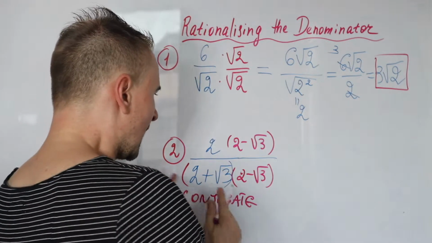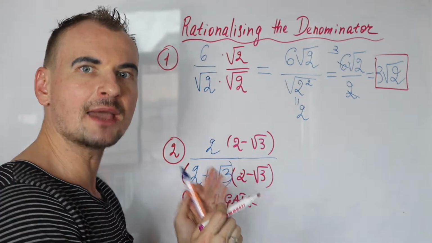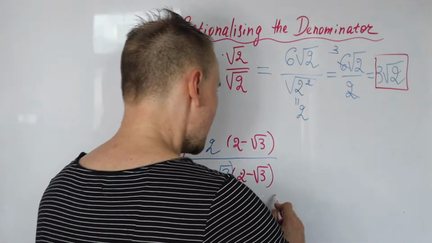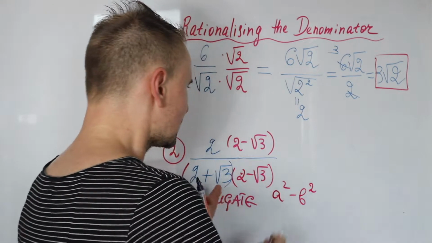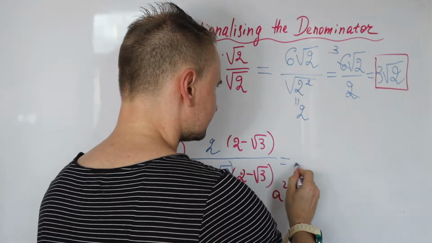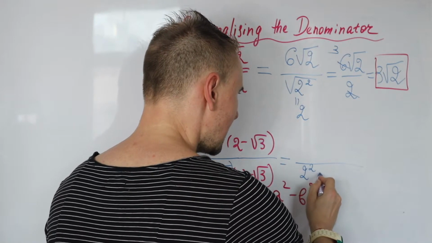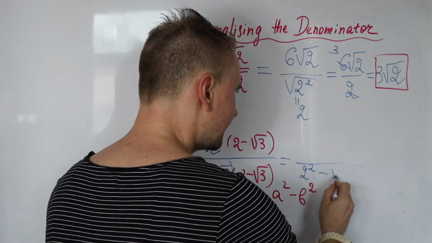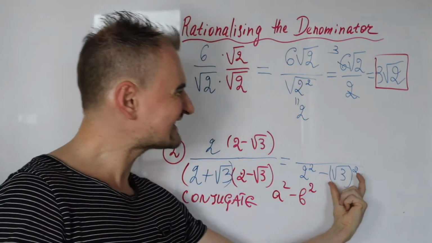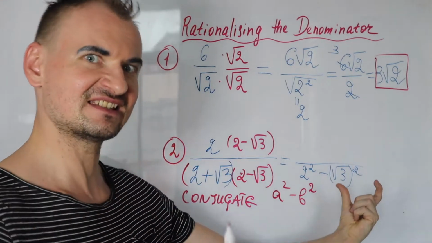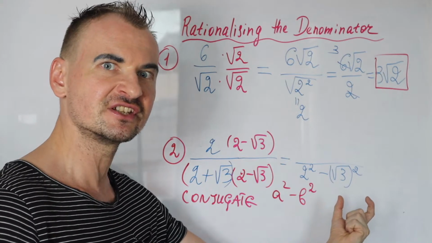Now, what does it give you? You have something like a plus b times a minus b, and you might spot this formula here. It simplifies to a squared minus b squared. So in this case, it's going to be 2 squared minus root of 3 squared. And precisely this piece helps us get rid of this root.